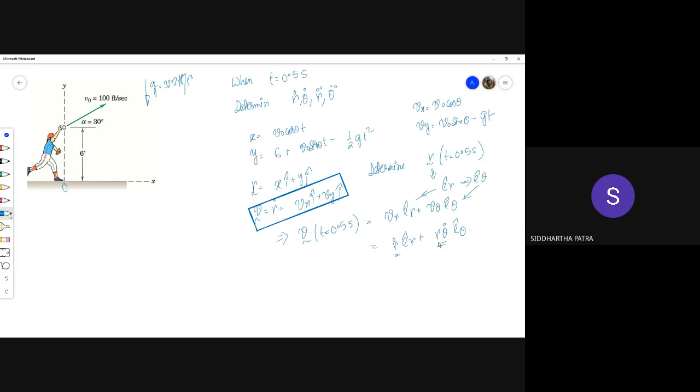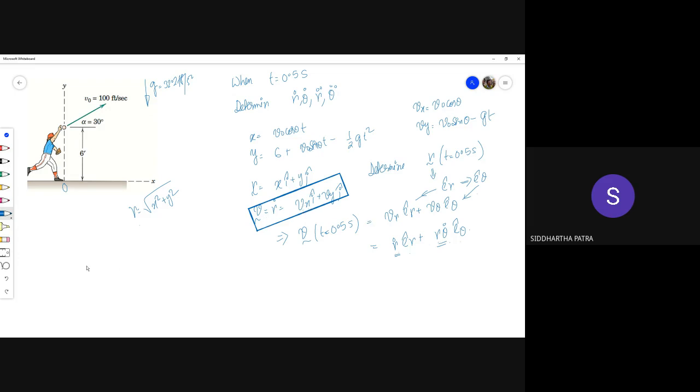Now, what is the magnitude of r? That you can also determine. r is essentially the square root of x squared plus y squared. So you know r, you know er and e theta. Then you can determine r dot and theta dot once you know the velocity itself.